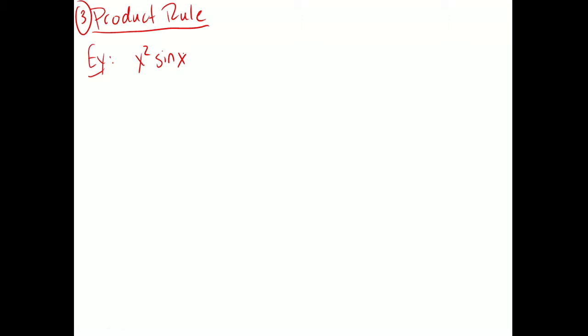Now I know mathematicians don't do us a whole lot of favors in terms of notation, but hopefully everybody's aware that when you just put things next to each other with no symbol, addition or subtraction or division, by default it means multiply. So this does, just to make sure everybody's aware, mean x squared times sine of x. And also, since it's going to become more and more important to make sure we have the right understanding, sine of x, which is what this is, that's not sine times x.